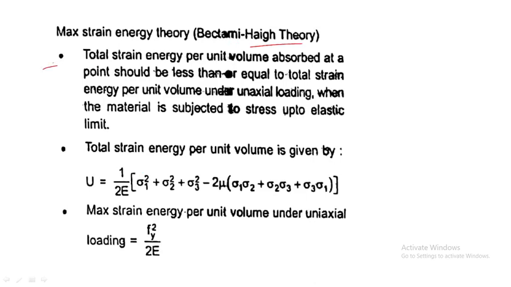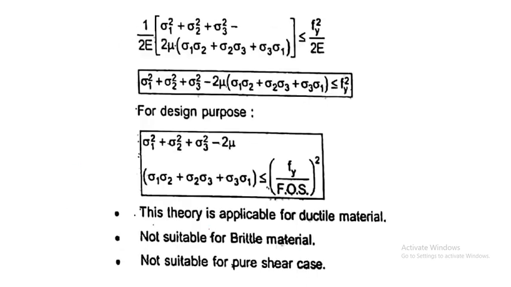What they are actually telling is that the total strain energy per unit volume at a point should not be more than the total strain energy per unit volume under uniaxial loading when the material is subjected to stress up to the elastic limit. And the total energy per unit volume is given by this formula. And the maximum energy per unit volume under uniaxial loading is Fy square divided by 2E, right.